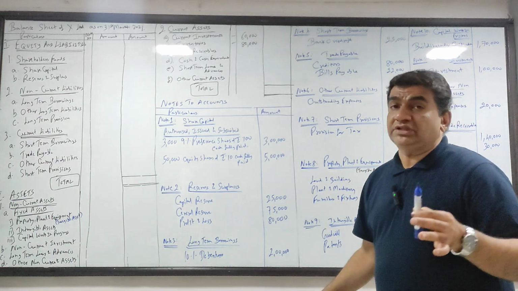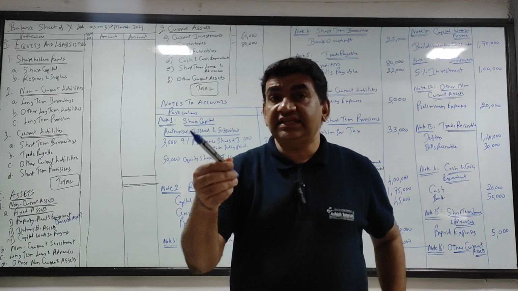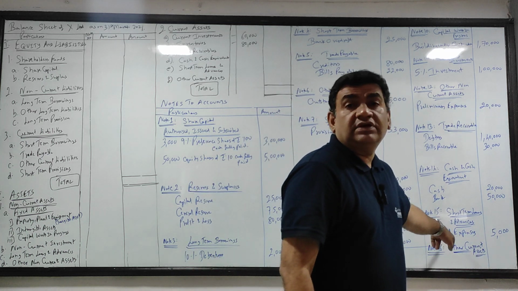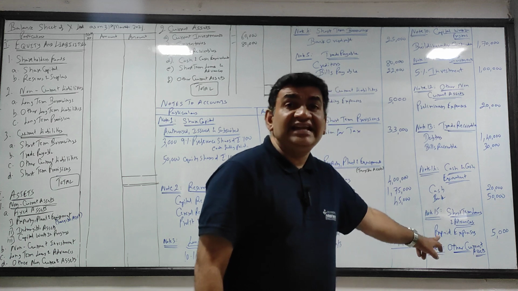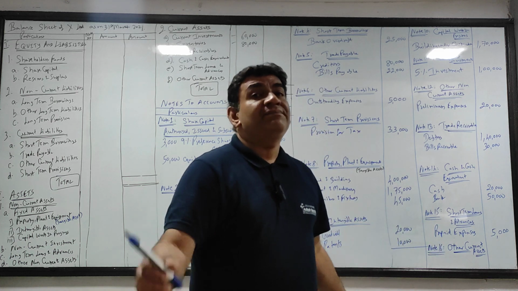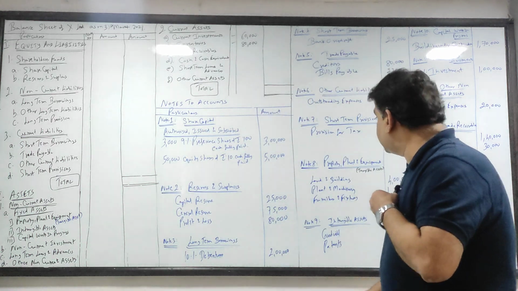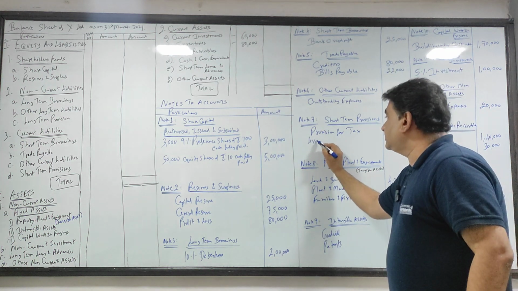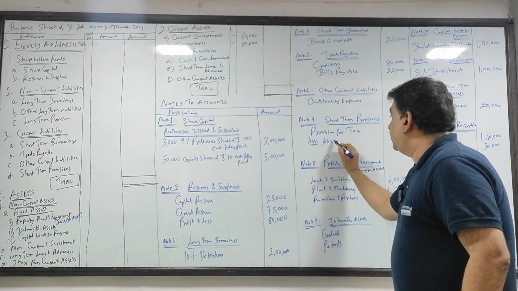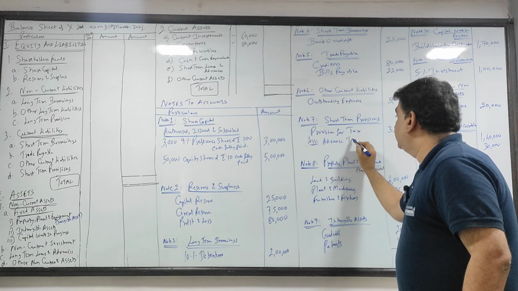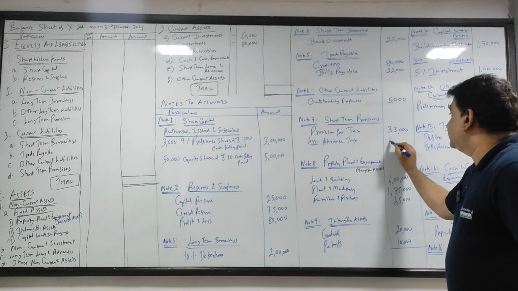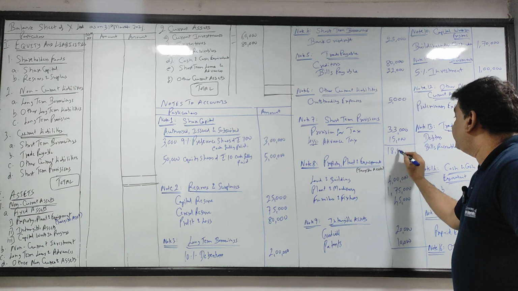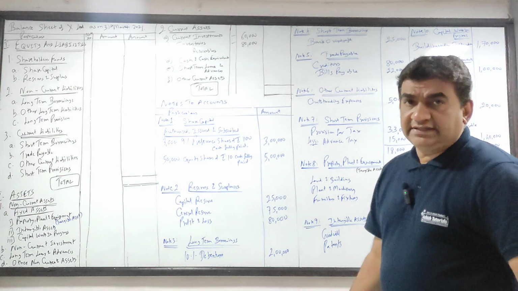Suppose it was vice versa: advance tax 33,000 and provision 15,000. Then I would have written advance tax first and deducted the short-term provision. But here the short-term provision is more, so from this I will deduct advance tax of 15,000. 33 minus 15 gives me 18.